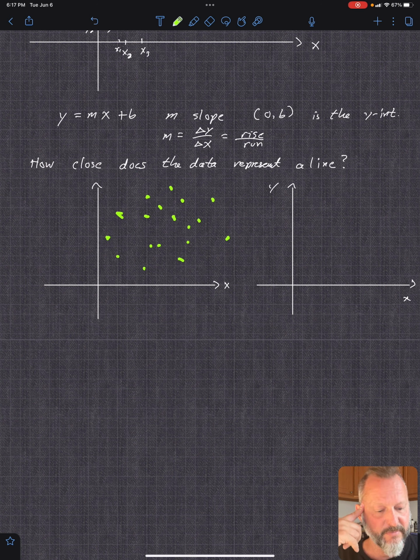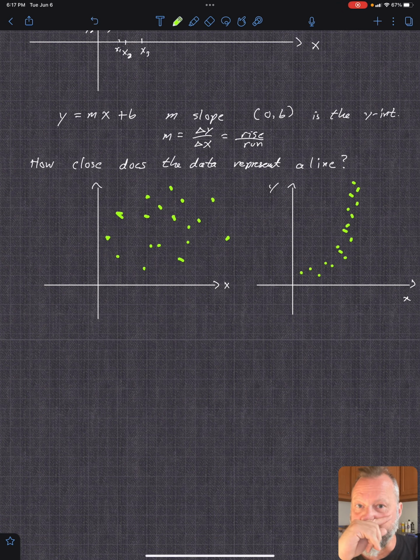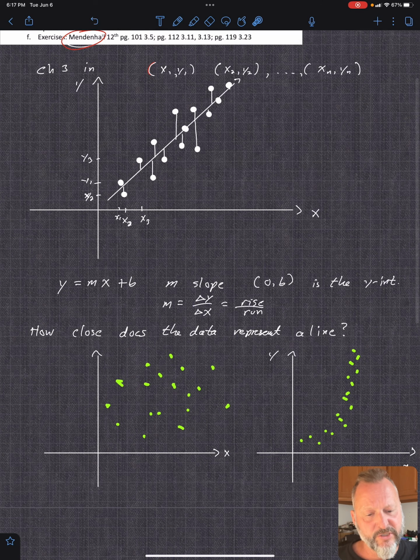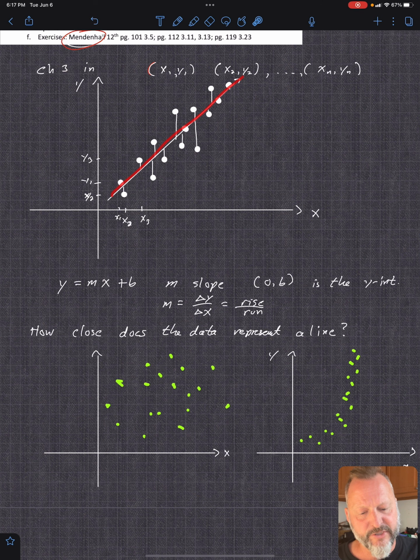You could have something like this. That one might be exponential, might grow really fast as you go up. So this one could be an exponential curve. Then you can have different ones that are like a polynomial curve, like a parabola, where it goes down and goes back up. So this concept of regression is really just the case that it is a linear correlation.